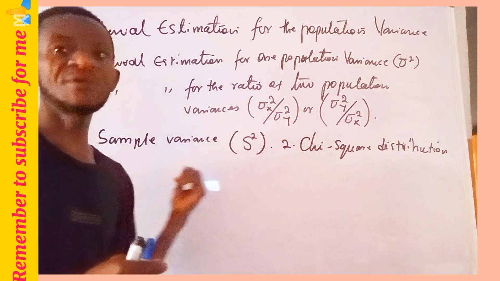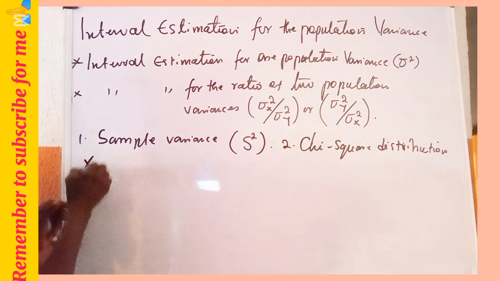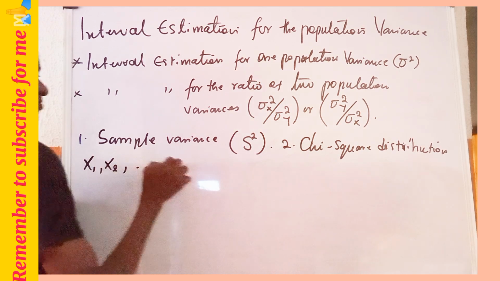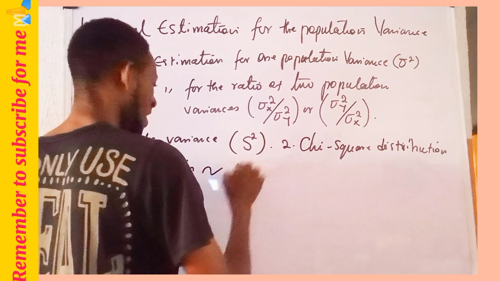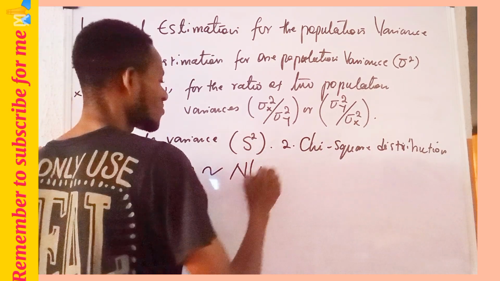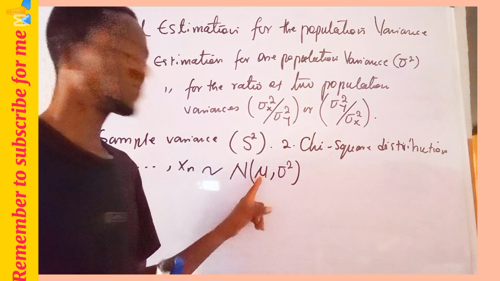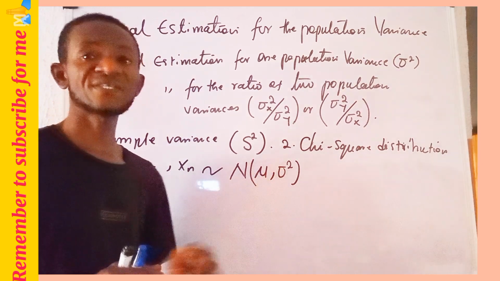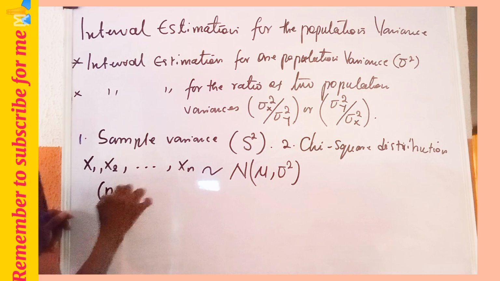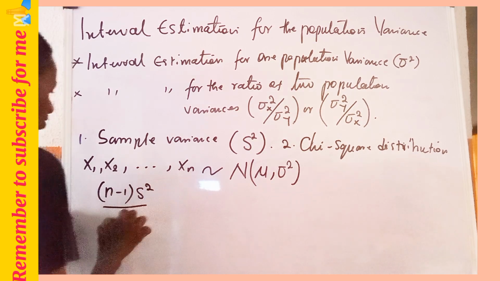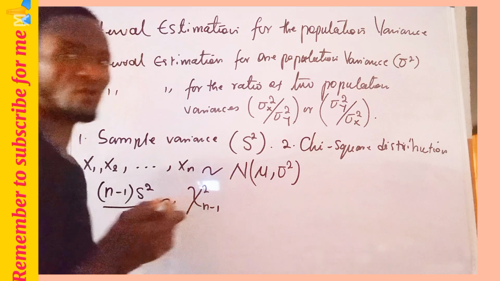Then what we discussed earlier becomes necessary. I remind you that if x1, x2, down to xn are random variables coming from a normal distribution with parameters mu, the mean, and variance sigma squared, it is believed that n minus 1 times s squared all over sigma squared follows a chi-square distribution with n minus 1 degrees of freedom.